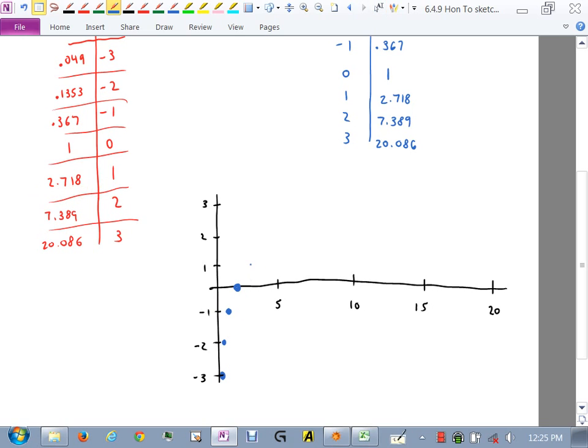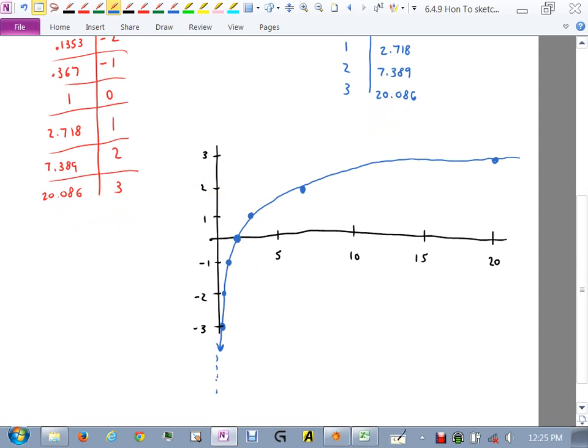Look, we're kind of ballparking this. We're not getting this exact. 7.389, somewhere around here, up 2. And then 20 point something, 3, which is way out here. And then you can connect them together with a nice smooth curve. Remember, you've got your vertical asymptote there. You get the idea?